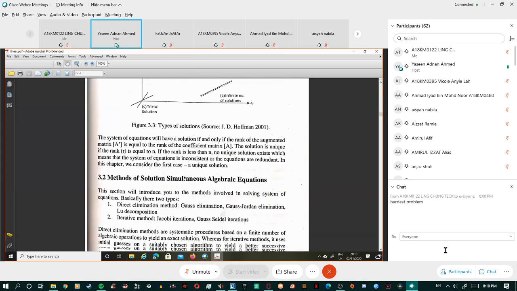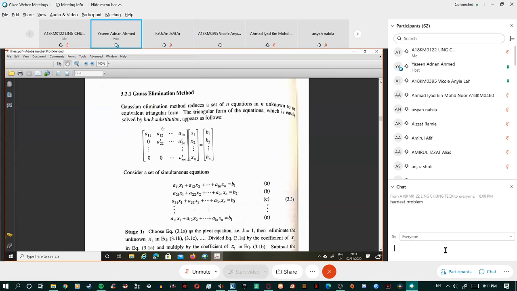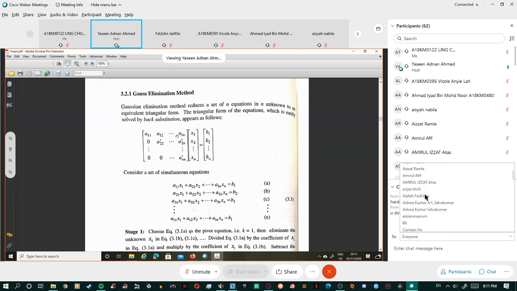So next thing is, as I said, Gauss elimination method. In the Gauss elimination, in the video I already mentioned that we have 2 steps. If you watch my video, then you will find out that first of all, we try to make this coefficient matrix an upper triangular matrix.